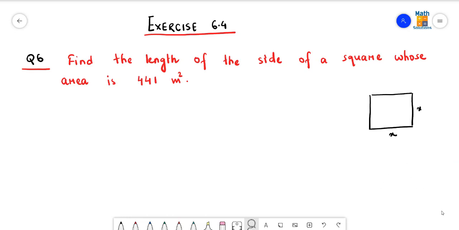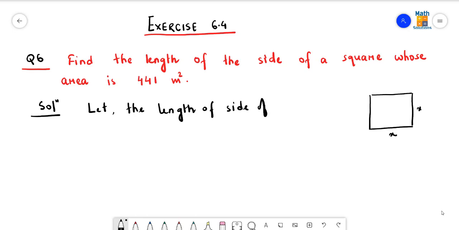So coming to the solution part, let the length of the side of the square be x meter.